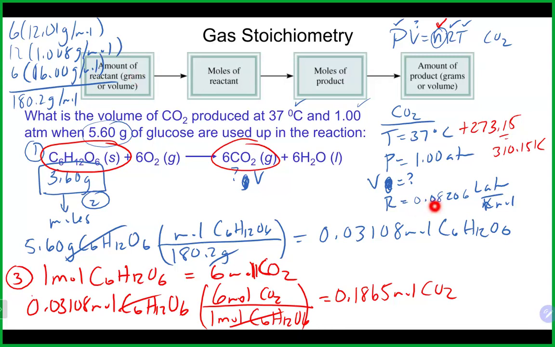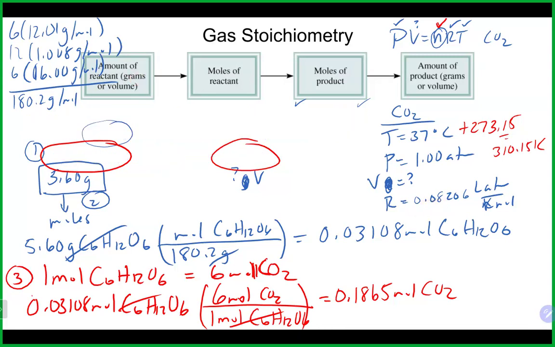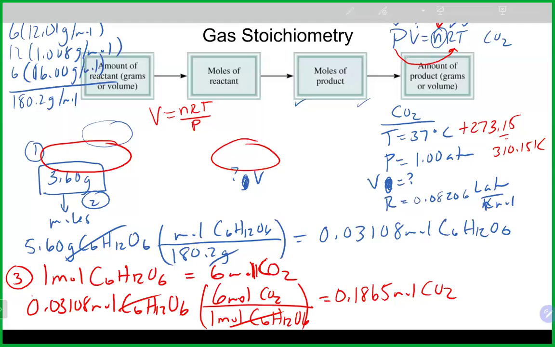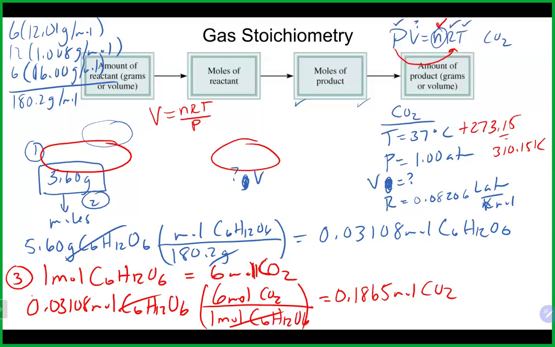Here we're going to be solving for our volume. So our volume will equal nRT divided by P. Again, dividing this to the other side to do so. And now we're ready to put in our values here.